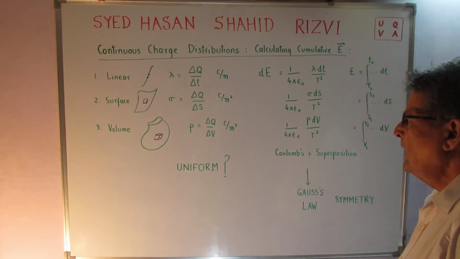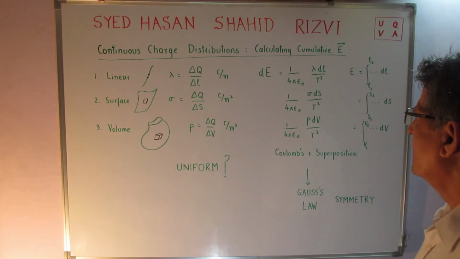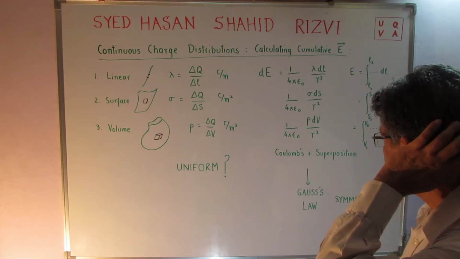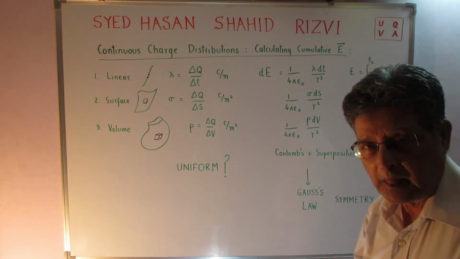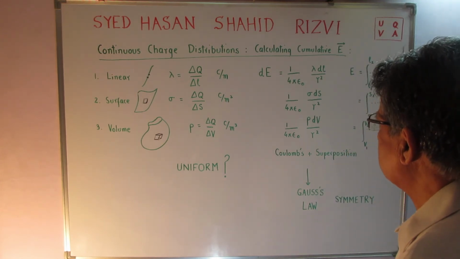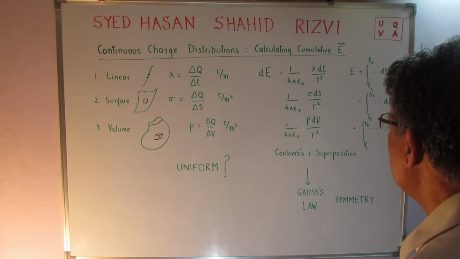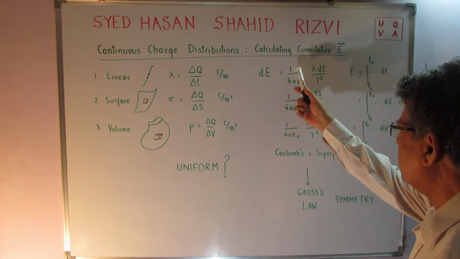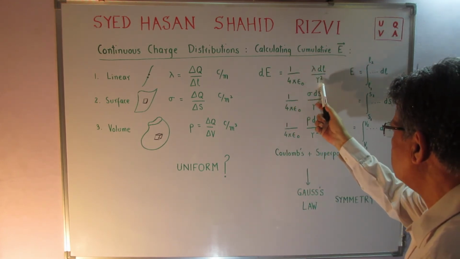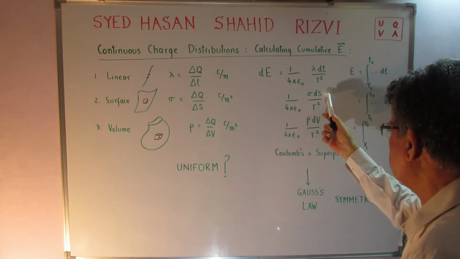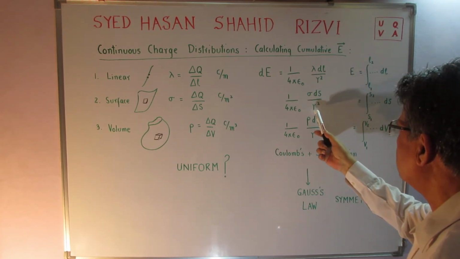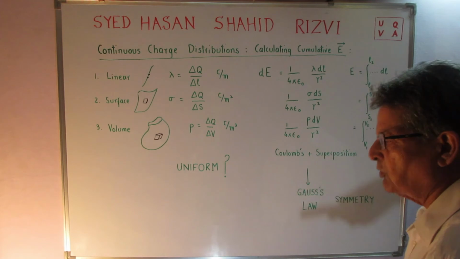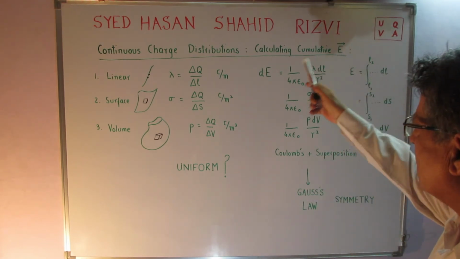Okay. When we work out the electric field, I'm just taking not delta L and delta S and delta V, but dl, ds, dv, and under the condition that it is very small, then the value of dE can be written as 1 upon 4 pi epsilon naught, lambda dl upon r square, sigma ds upon r square, rho dv upon r square, etc., where the mapping has to be done by us.